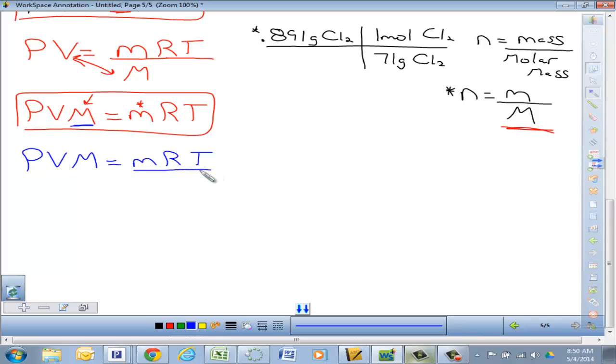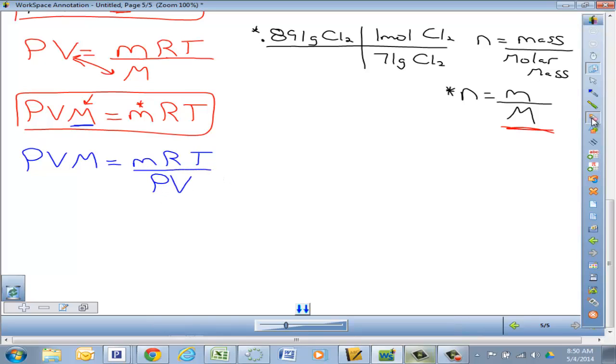So my pressure and volume are gone. This is the way your book looks at it: molar mass is equal to your sample mass multiplied by the constant R multiplied by T, divided by the pressure and the volume.